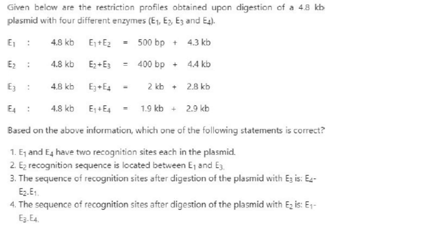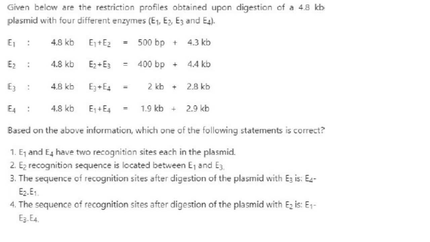Then E2 4.8 kb, E2 plus E3 400 base pair plus 4.4 kb, E3 4.8 kb, E3 plus E4 2 kb plus 2.8 kb, E4 4.8 kb, E1 plus E4 1.9 kb plus 2.9 kb. Based on the above information, which one of the following statements is correct? E1 and E4 have two recognition sites each in the plasmid.